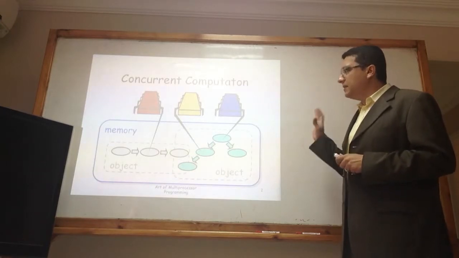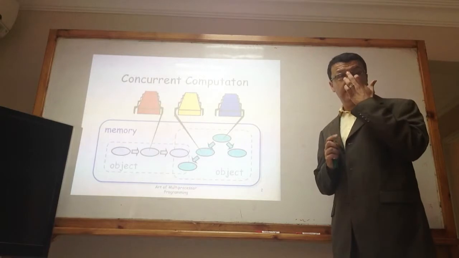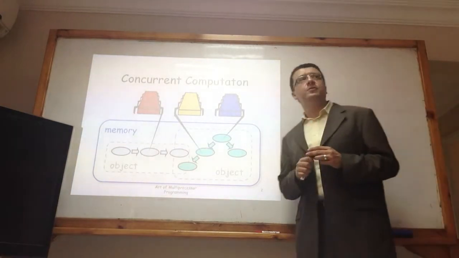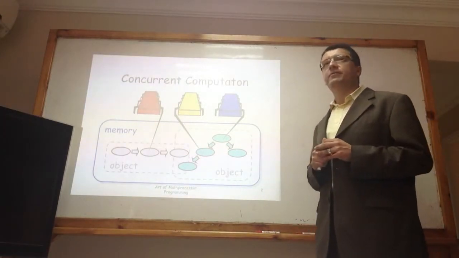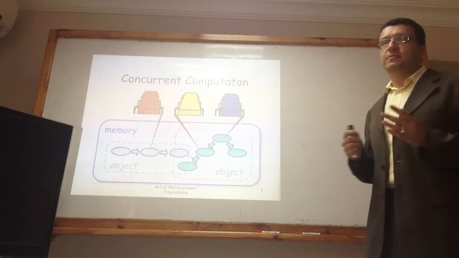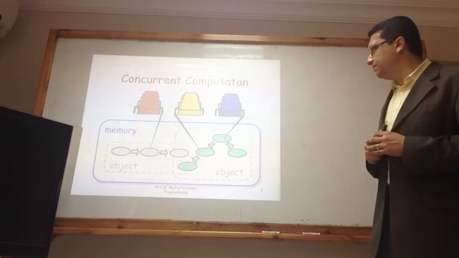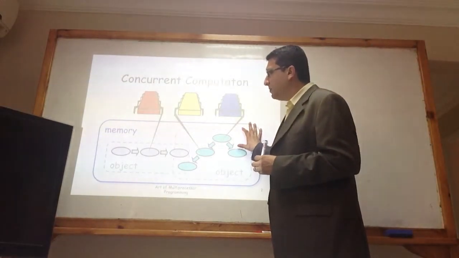So a fundamental concept here is how to deal with concurrency at the level of objects. Usually, people like to program in object-oriented languages. They're much easier to program, and from the point of view of software engineering, they have nice features and so on. So this is the computation model you have.